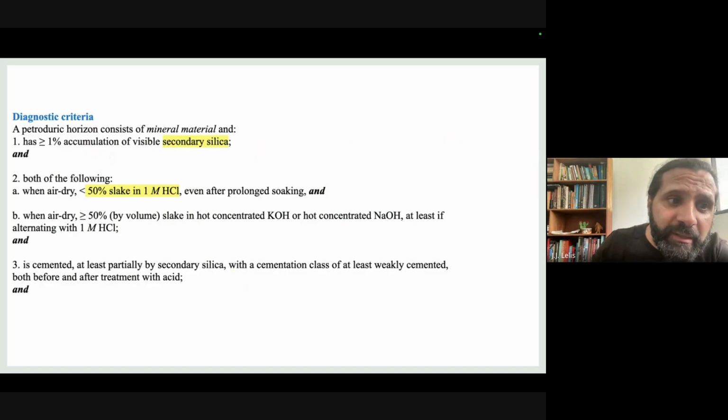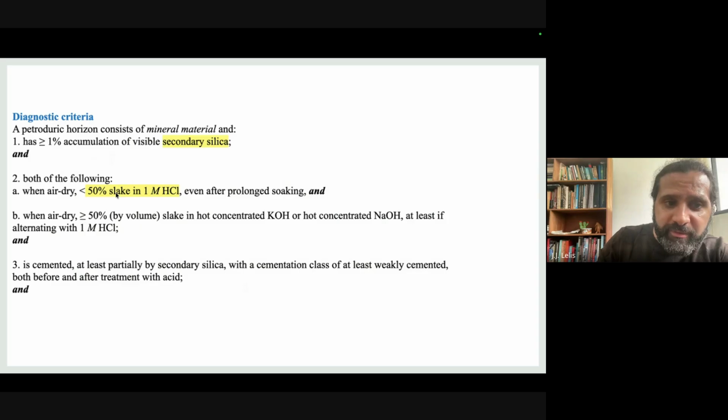So let's see the criteria for the identification of a petroduric horizon. First of all, it is a mineral material, so the organic carbon content should be below 20%. It should register at least 1% of visible secondary silica as an accumulation, and we should register that when air dry, less than 50% of the soil slakes in an acidic environment.